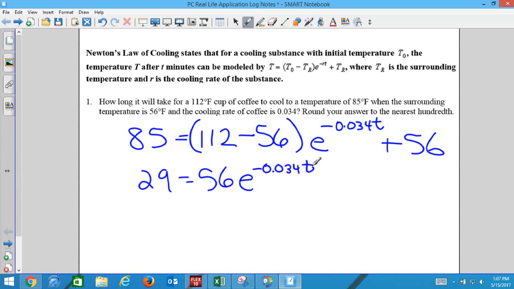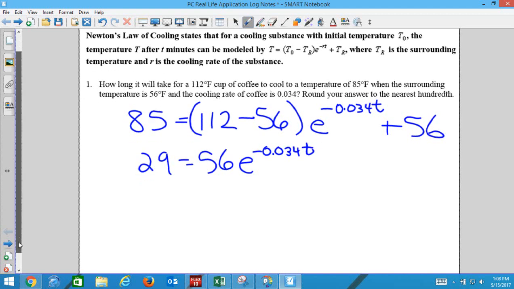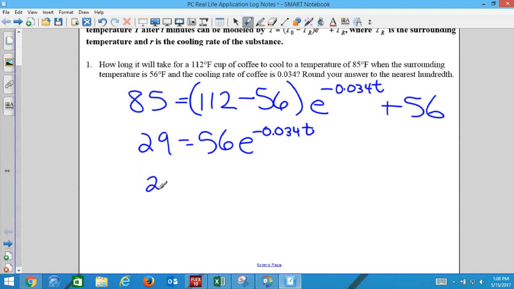We got rid of the 56 and subtracted inside the parentheses. Now we have to get t by itself. We take the outermost thing being done and get rid of it, which is divide by 56. Now, 29 divided by 56 does not go evenly, and I'm not going to use a decimal until the very end, so I'm just going to leave it as 29 over 56.